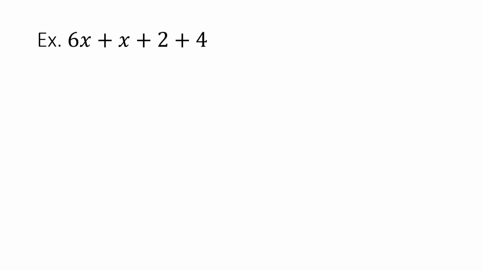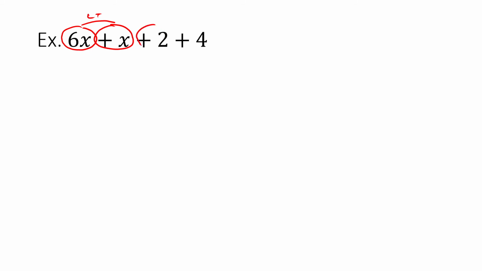Now let's try something harder. 6x plus 2 plus 4, okay, now we're going to find like terms. Like terms with 6x is plus x. Is there any more like terms?